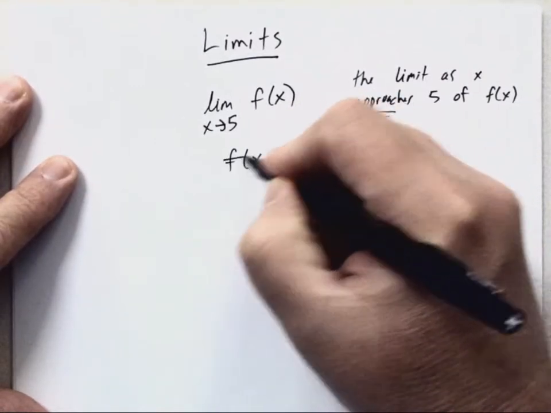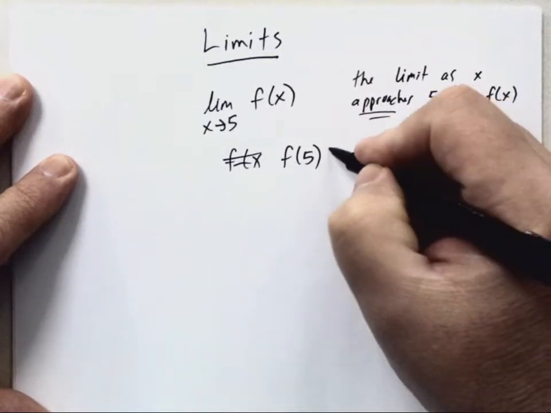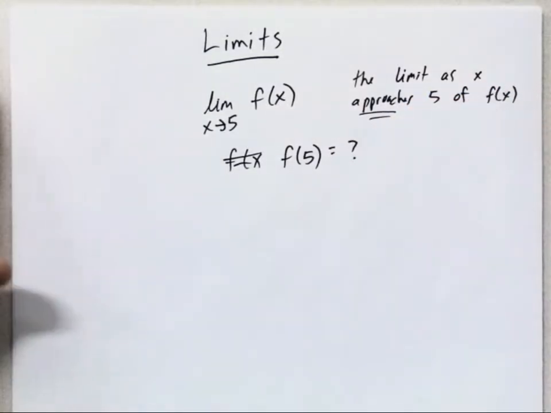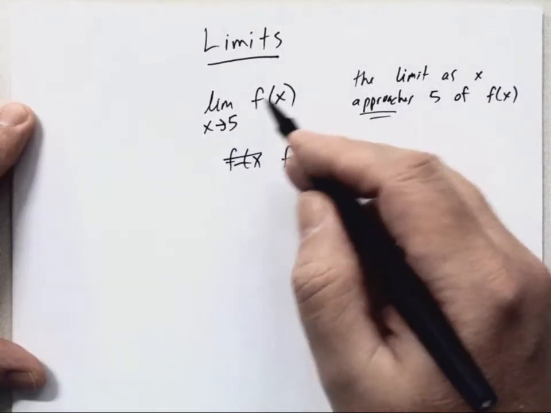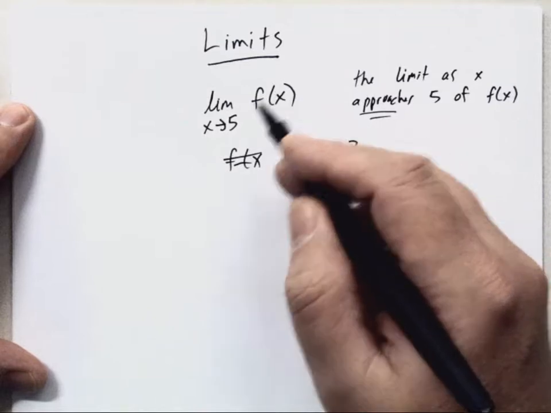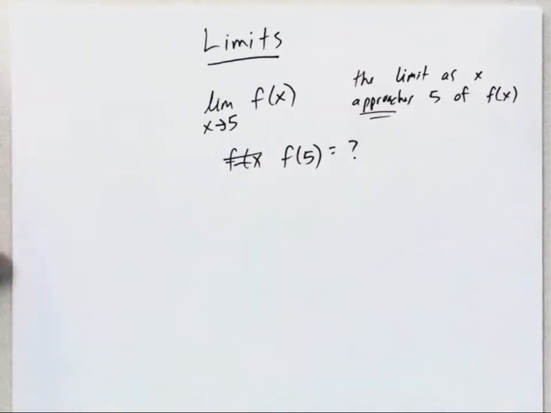If we wanted to do that, we would write this, f of 5. Instead, we're saying what does the function equal as x approaches or gets close to the number 5.